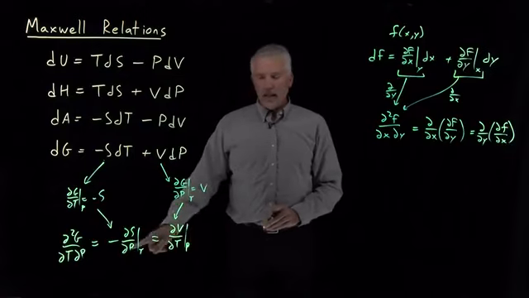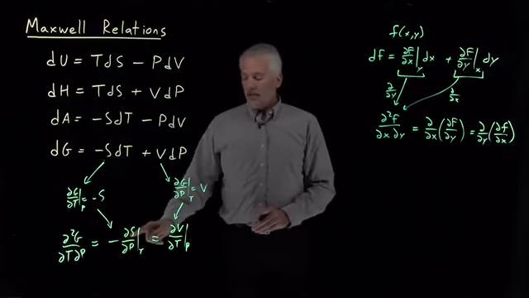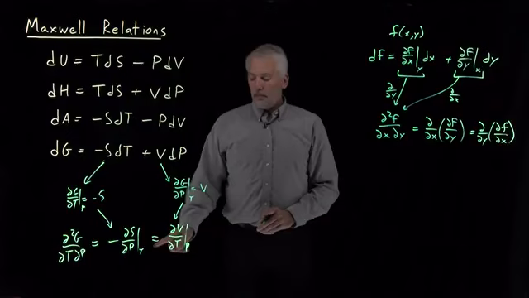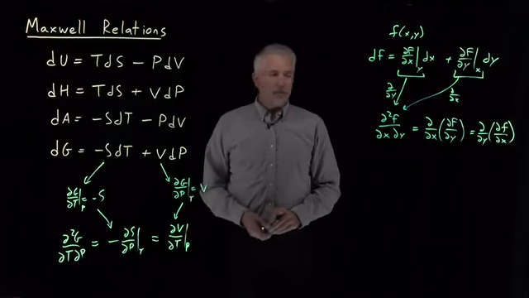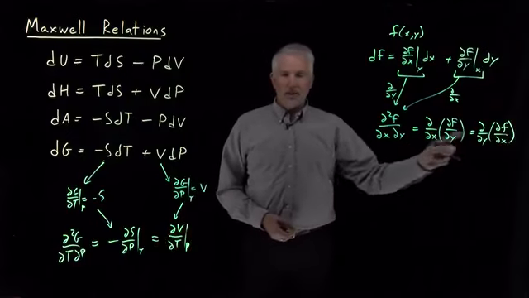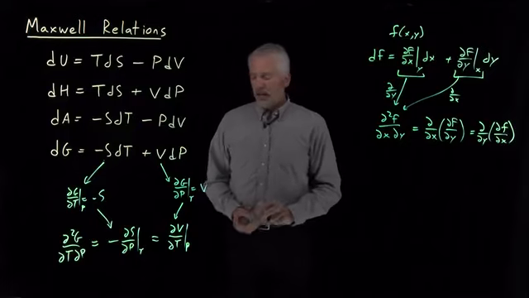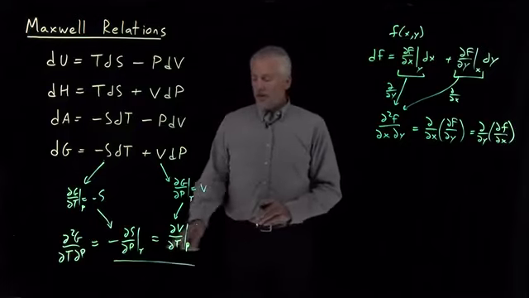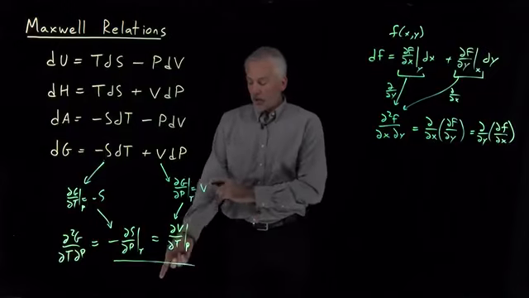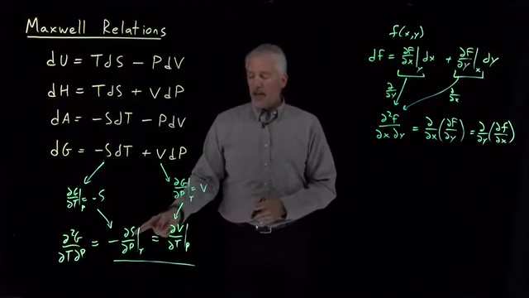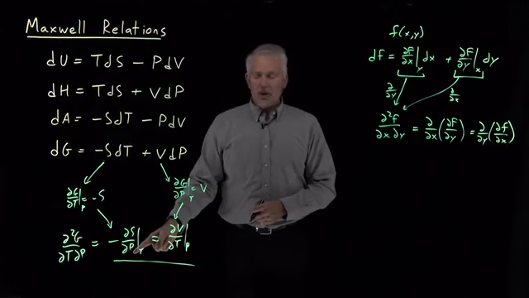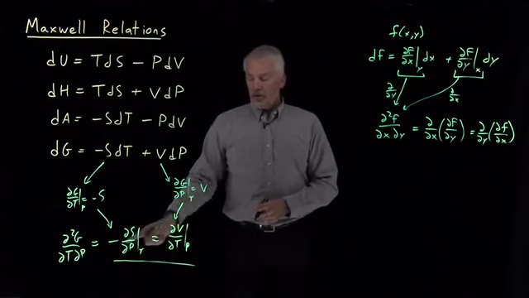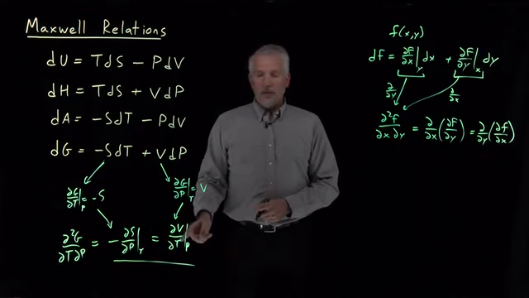Notice that they don't look anything like one another. Negative dS dP at constant T must be equal to dV dT at constant P because it doesn't matter what order I take these mixed partial second derivatives in. So that's a thermodynamic relationship that's very useful. We might not have known anything about how the entropy changes as I change the pressure isothermally, but I know it's the negative of how quickly the volume changes as I change the temperature at constant pressure.